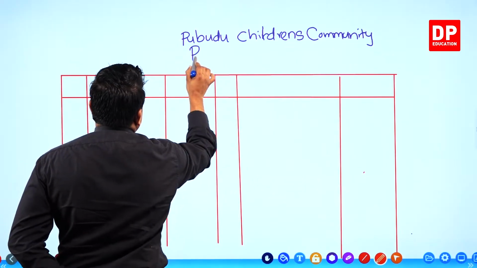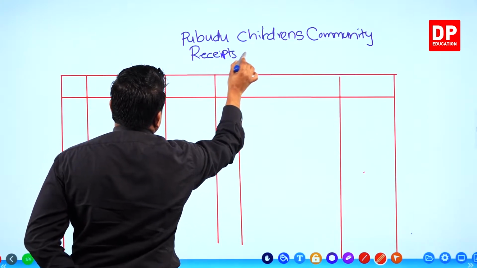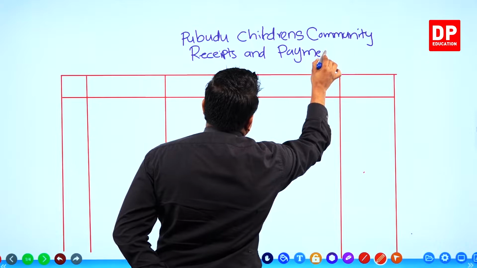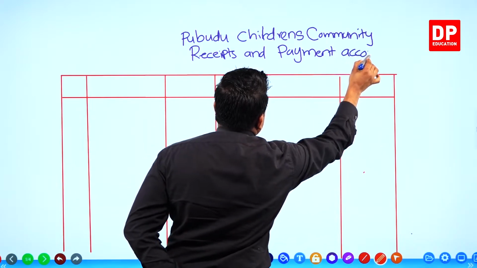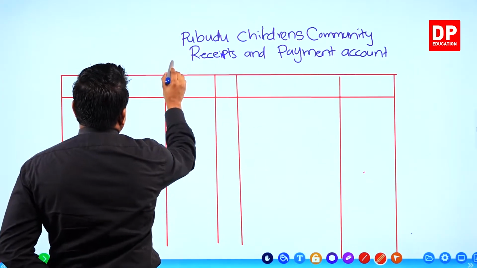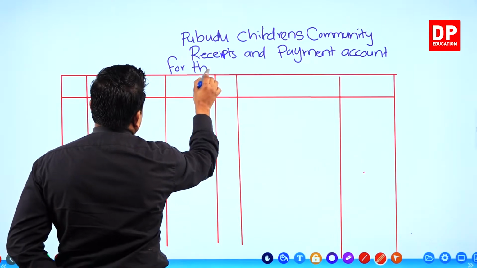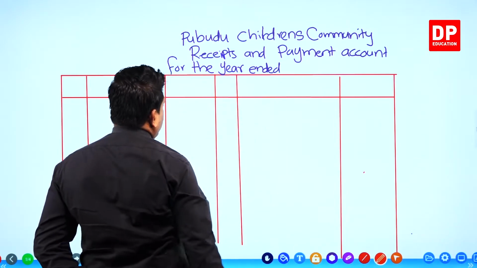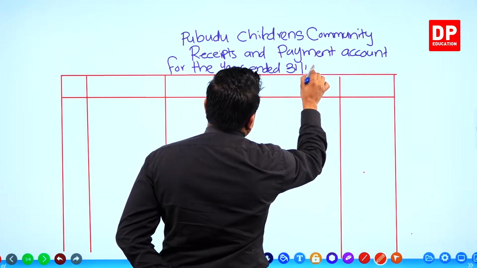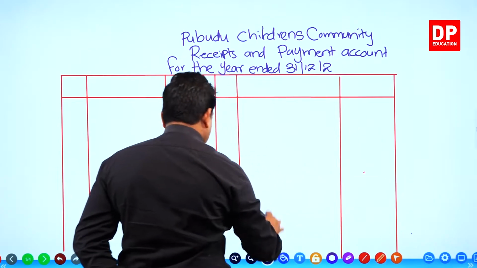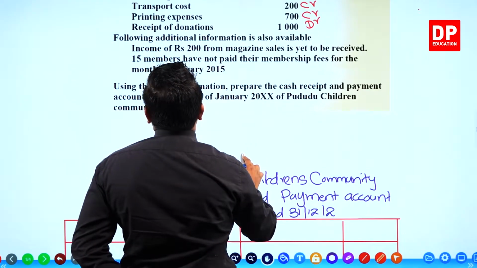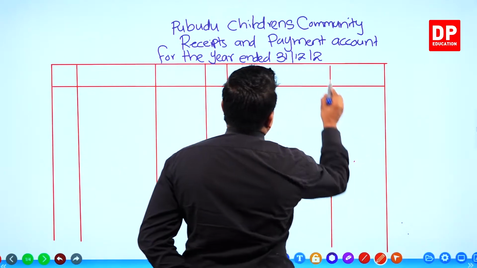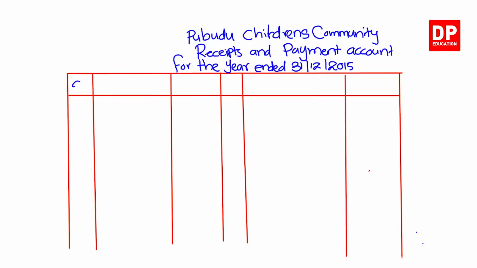Receipts and payment account for the year ended 31st December 20, I think 2005, you check it again. Yeah, it's 2015, right? 2015.